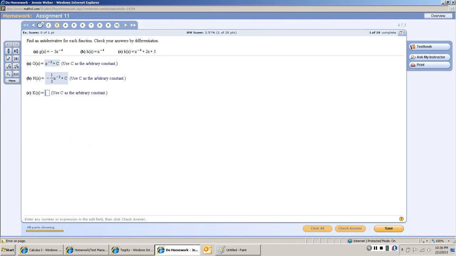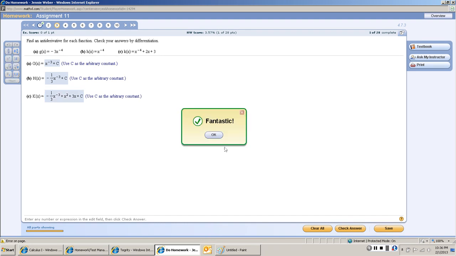Okay, so negative 1/3 x to the negative 1/3, okay, plus x squared plus 3x plus c, and check our answer.